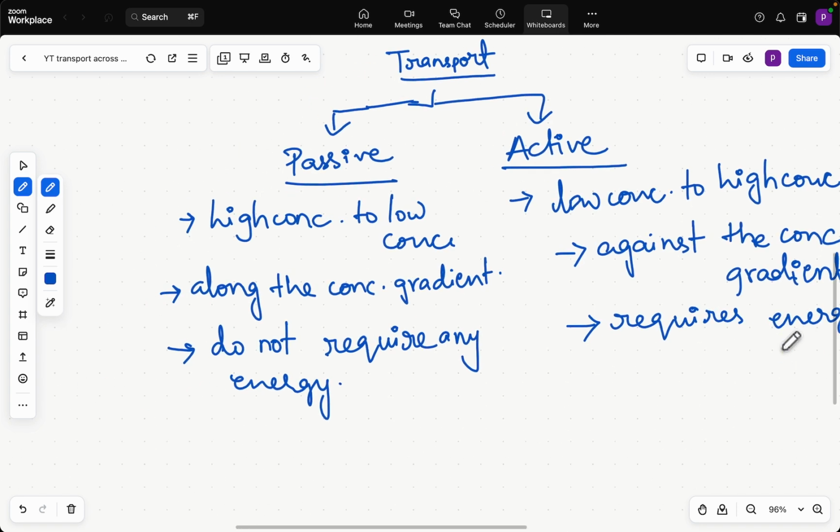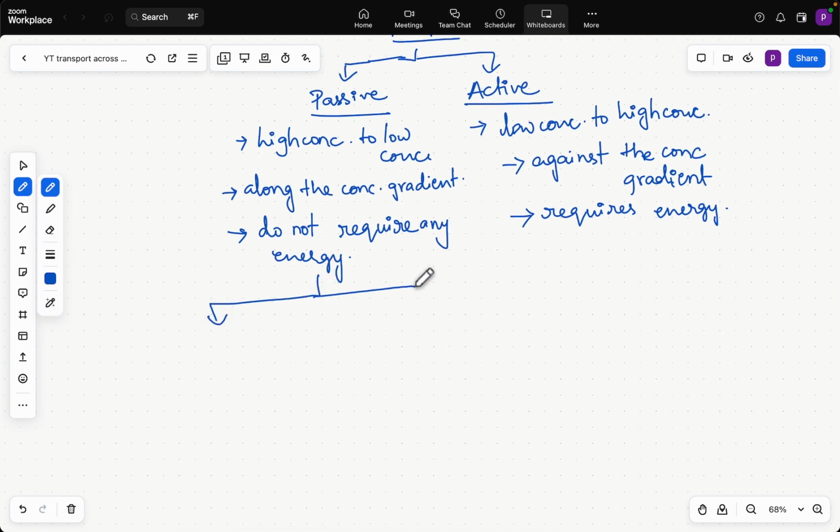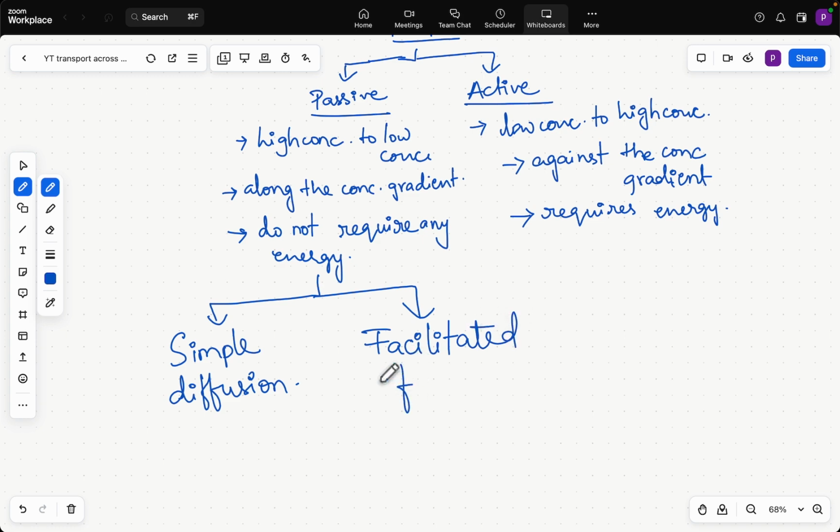This active and passive transport actually has some subtypes, so we'll see those subtypes as well. Passive transport can again be divided into two types, that is simple passive transport, or you can say simple diffusion, and it can also be divided into facilitated diffusion.